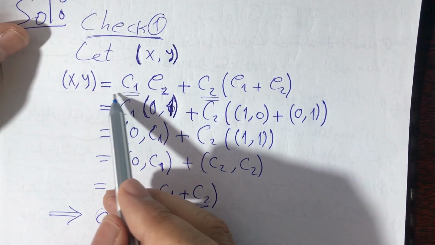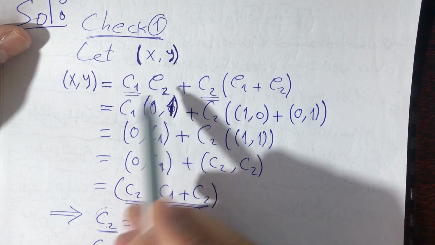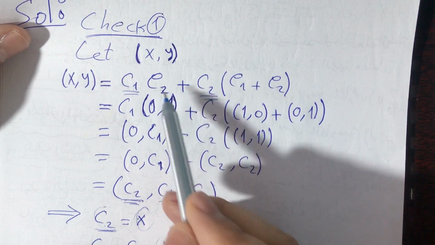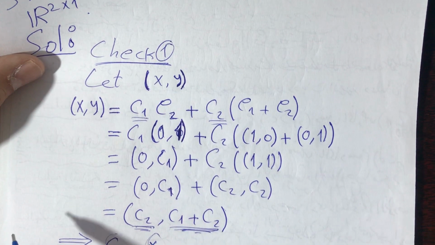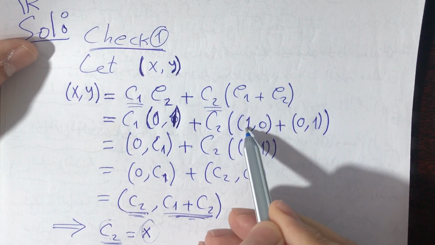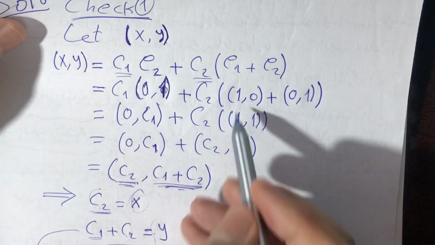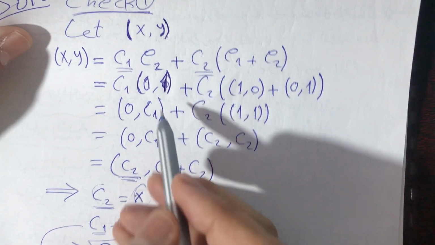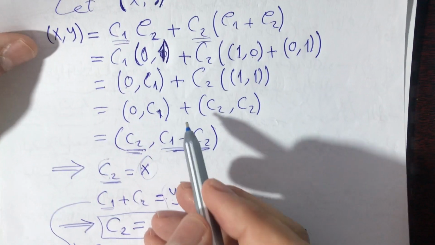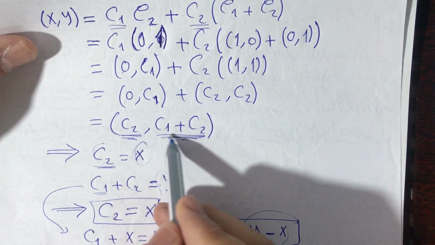(x, y) equals C1 E2 plus C2 (E1 plus E2), here E2 is (0, 1), and this is E1 (1, 0), and this is E2 (0, 1), and this is C2, and move here, this is (1, 1), and this will be (0, C1), and this will be (C2, C2), and this is sum.